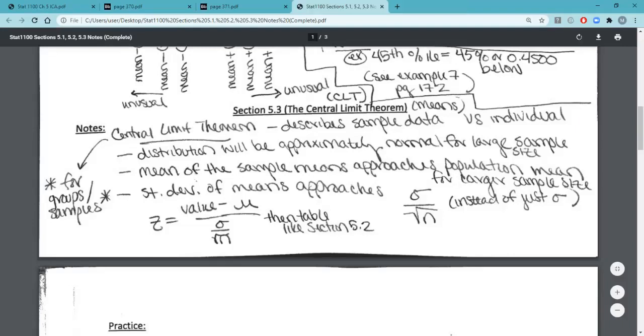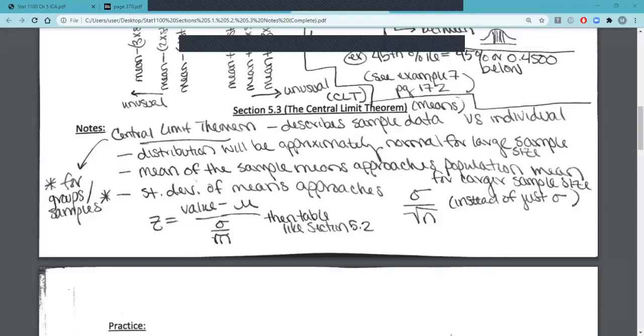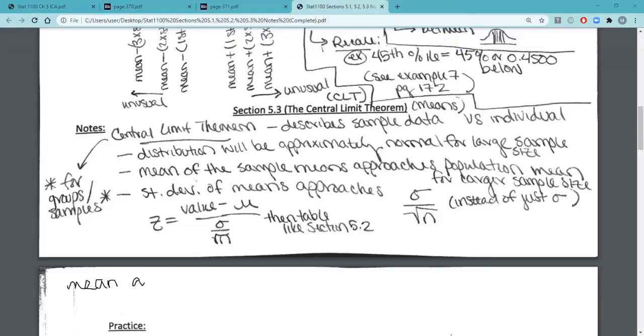What's happening in the central limit theorem is it's saying if we know the mean and standard deviation of a data set, then we can make generalizations about the mean of a sample from the data set.